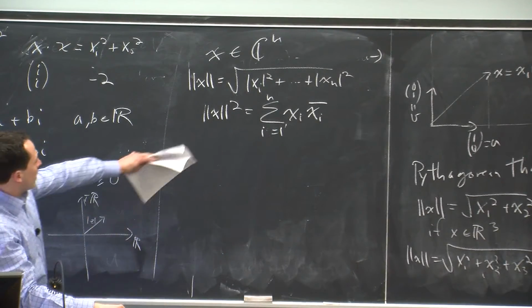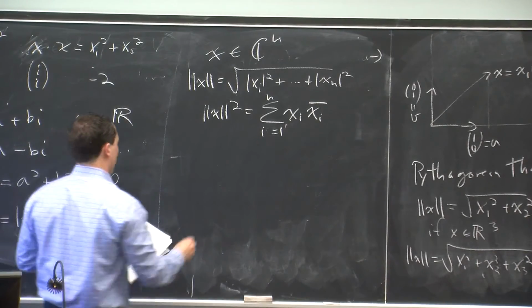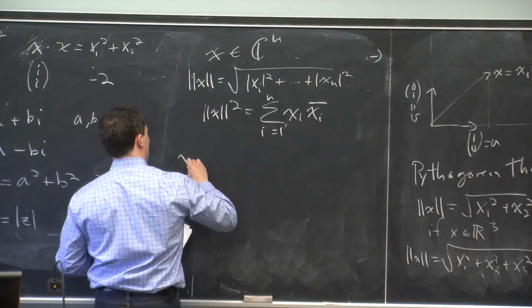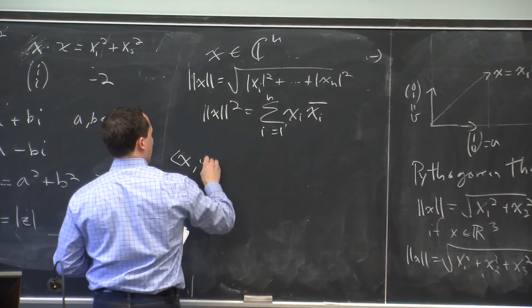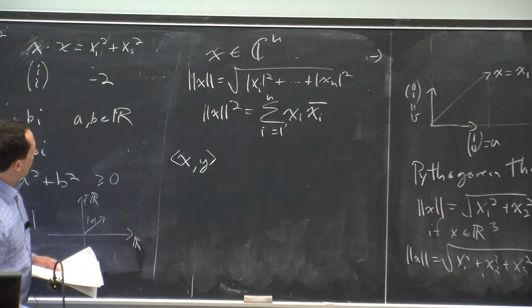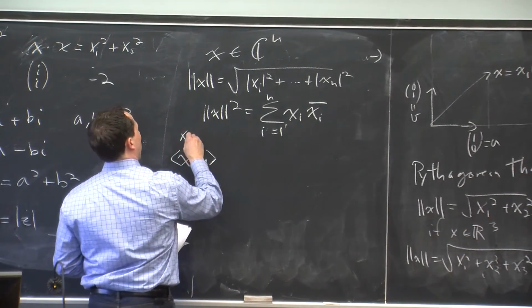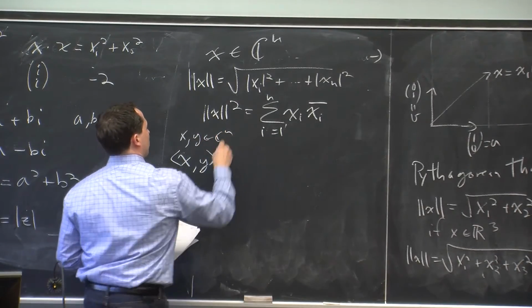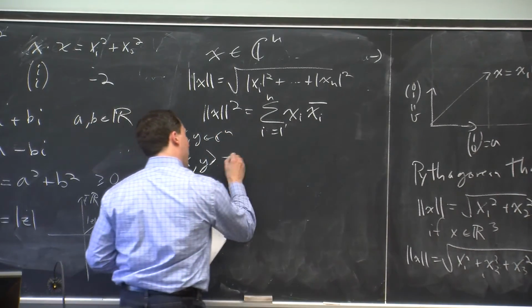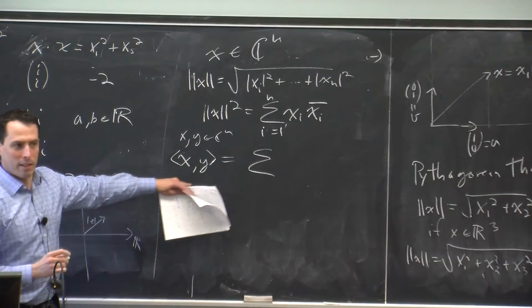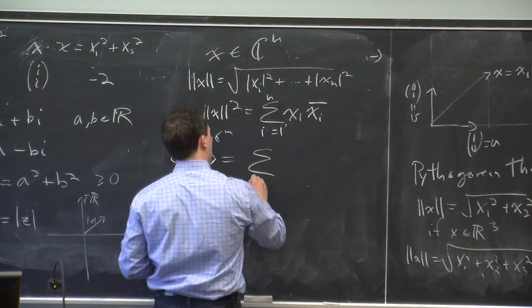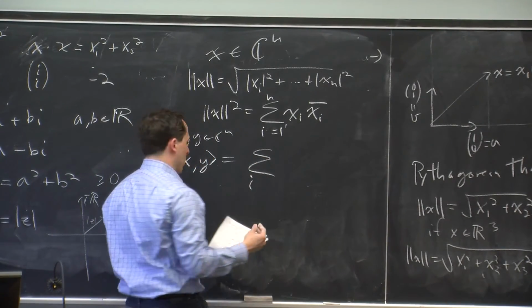Okay, so this suggests that the adjustment we want to do is to define x dot y, or the inner product of x and y, with x and y in Cn. We want to define that by taking the conjugate of one of these, so that when I plug x in for both, I get a real number.